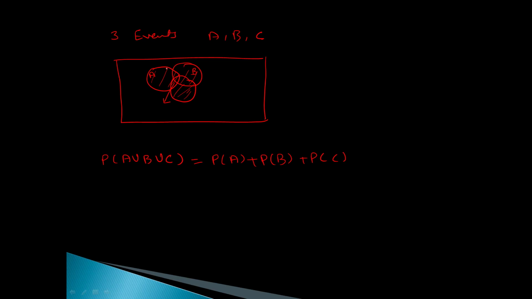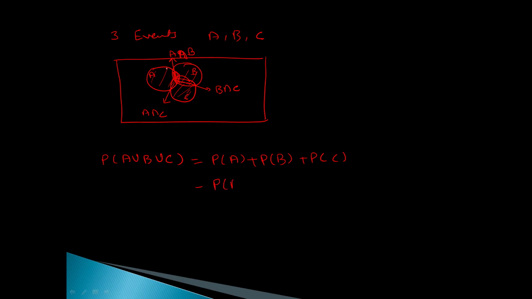This intersection area is the event B intersection C, and similarly this intersection area is the event A intersection C. Sorry, A intersection B. Because when we are adding up 3 circles, we are counting these overlapping pairwise probabilities twice, so we need to subtract them.